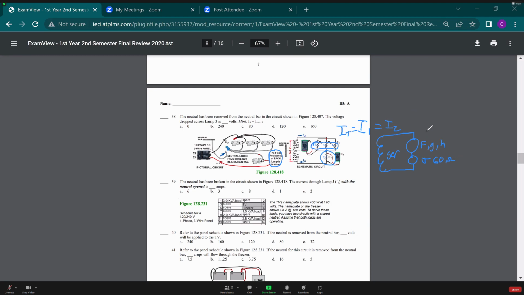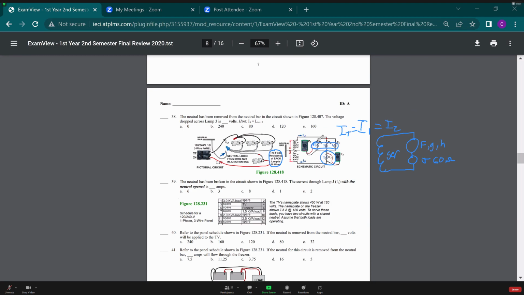Now the combined resistance for F, G, and H is our parallel resistance, because F, G, and H are in parallel to each other. In this case, you could do 1 over 60 plus 1 over 60 plus 1 over 60 equals 1 over x, and then find your answer. Or because they're all equally rated, you can take the resistance of one divided by the number of them.